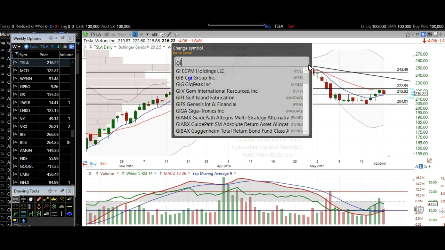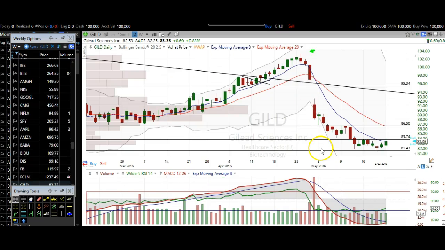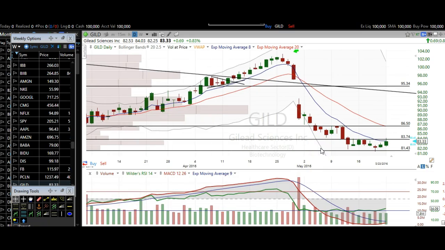Next, I want to cover GILD. GILD trading in a box here. If we can break over this 84 level approximately, 83.75, then we're going to come up here and we're going to tag this 86.50 level. So the resistance is from the low of this candle, high of this candle, high of this candle, high of this candle, high of this candle.